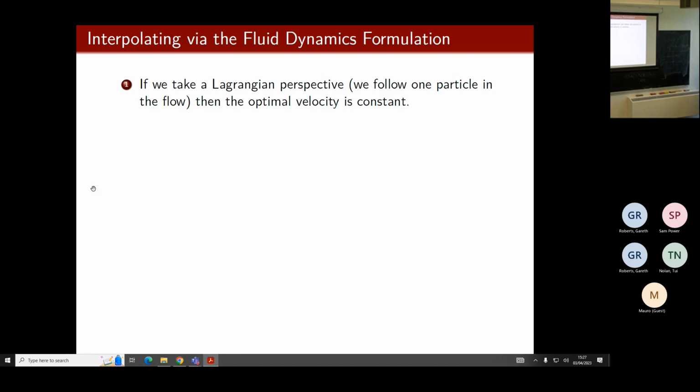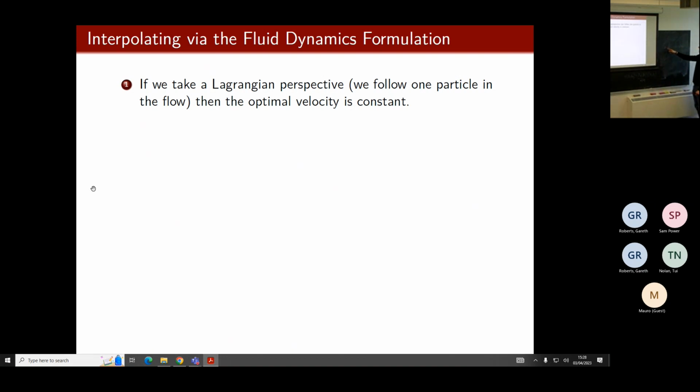So if I have my mu and my nu, I pick a particle here, x. This gets sent up here to T of x, and I just follow the path of this particle.